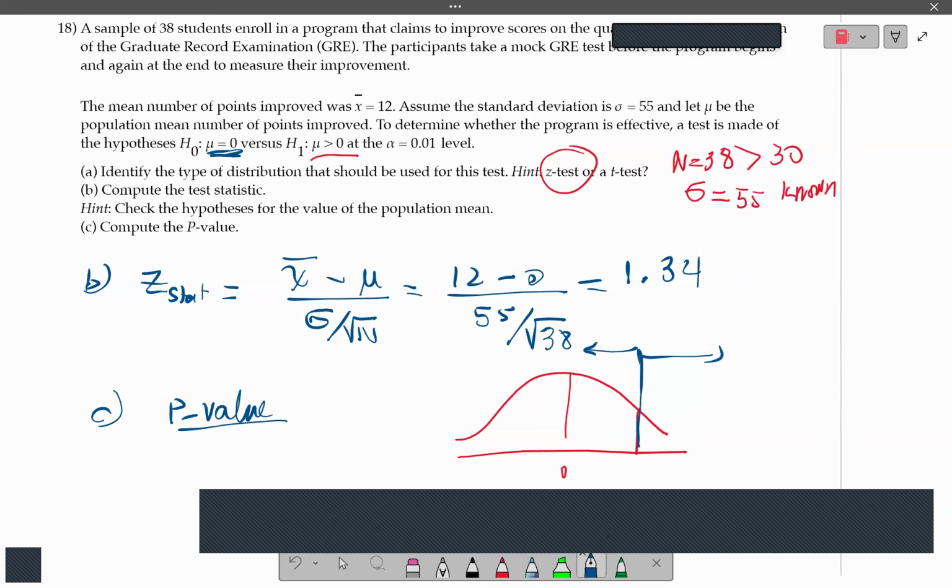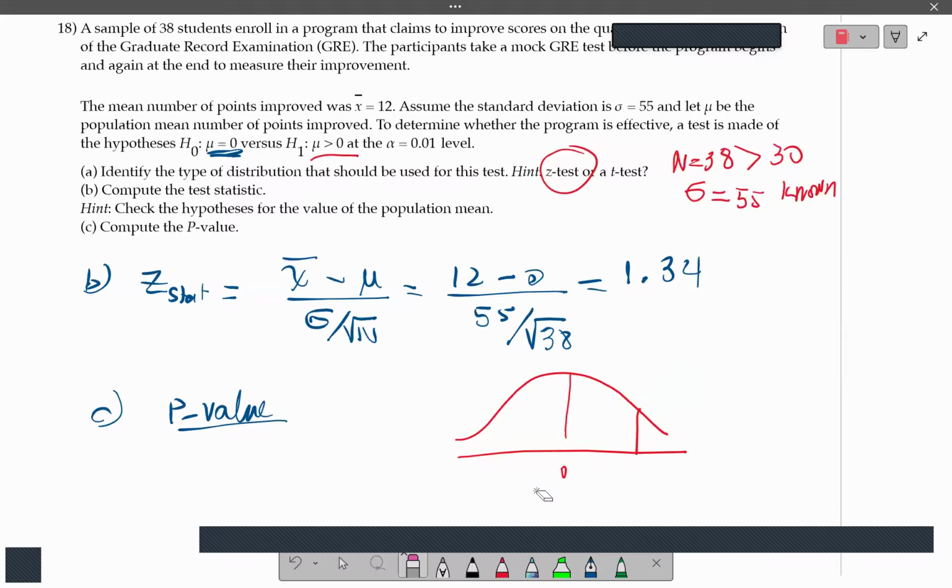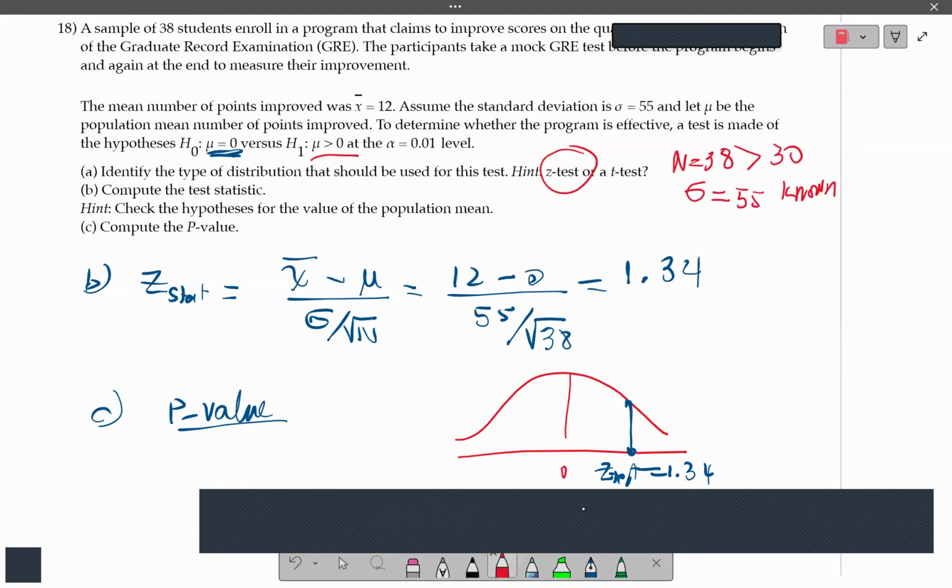What's it going to be? Pretend I don't have the cutoffs. The 1.34 is the location on the z-test. The p-value is this one.